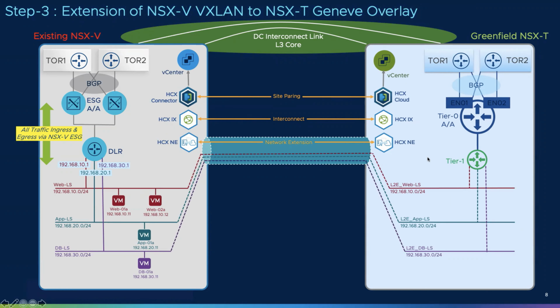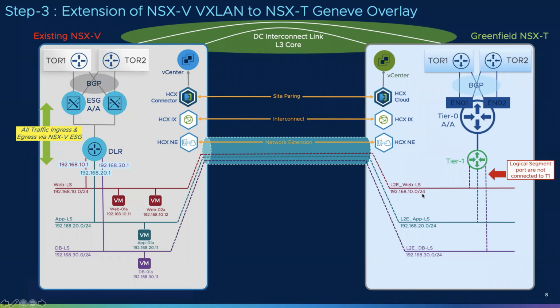As you can see, my NSX T environment is now extended with the logical segments called web, app, and DB. There is an L2E at the beginning of each network, which means the layer 2 extension is being used by HCX and it has been extended. You can see the same IP address subnet has been extended here.